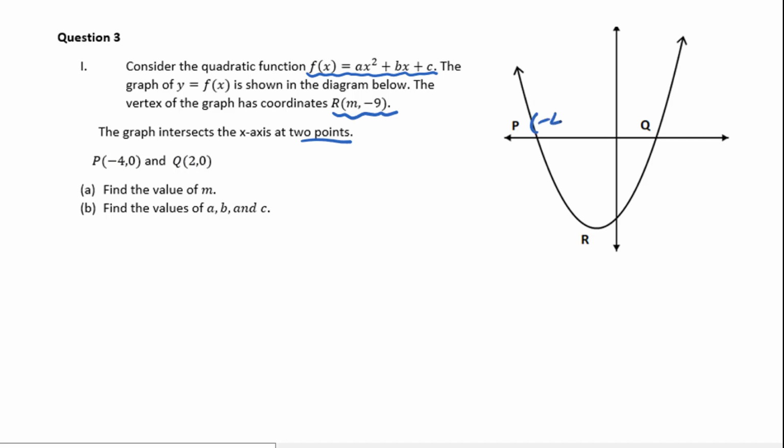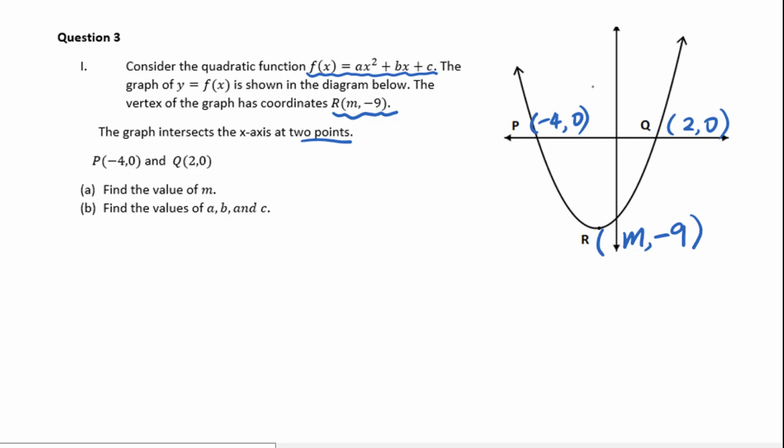So this is -4, 0. This is 2, 0. Find the value of m. For vertex R, the coordinate is m, -9.